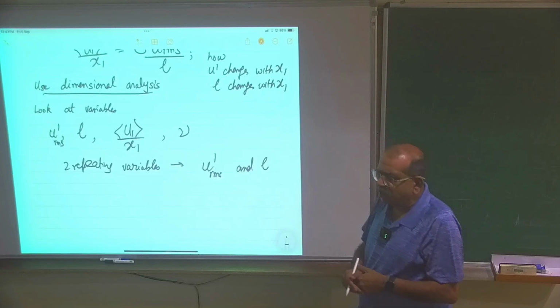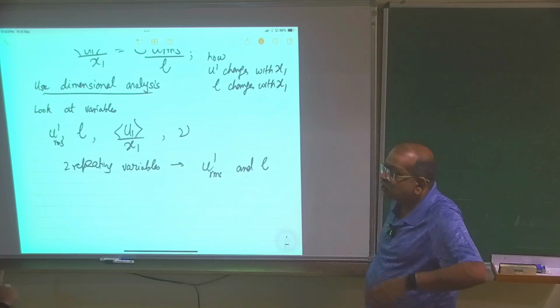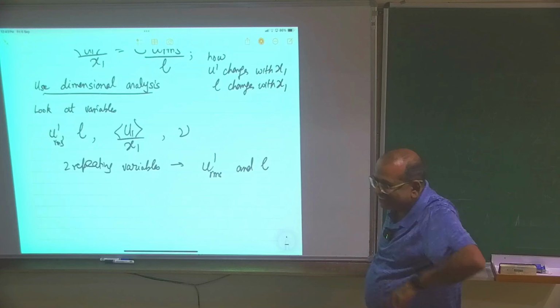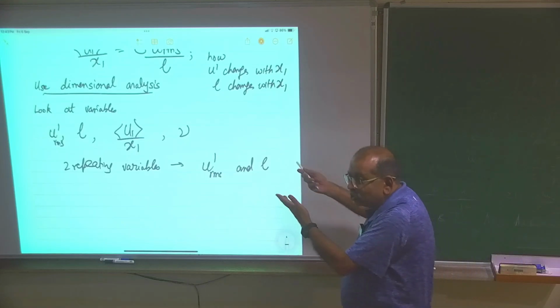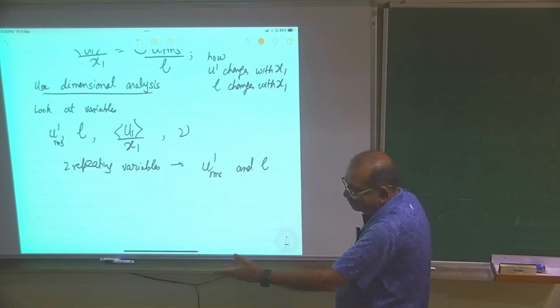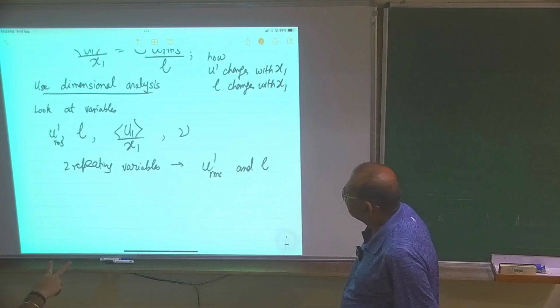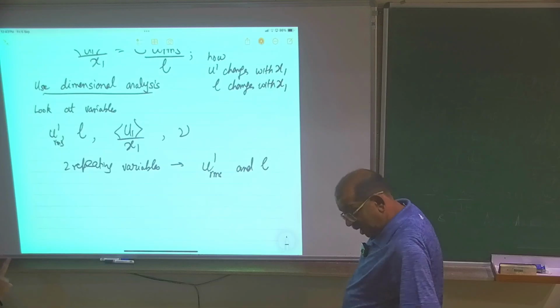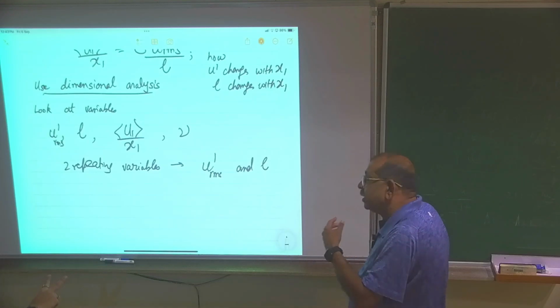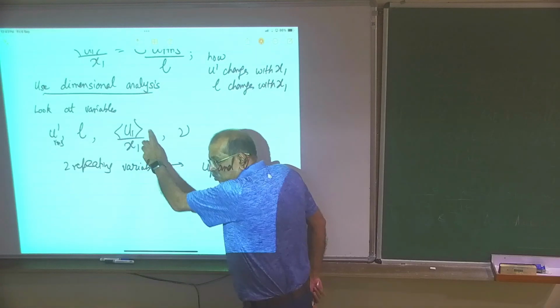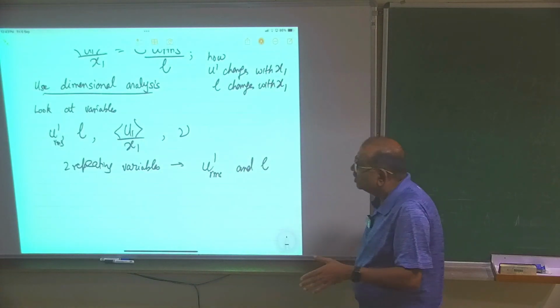Like the Kolmogorov scale we did. This is a high school physics dimensional analysis, but that's what I want to show. Normally, I would choose nu and u1 by x1. But then let's proceed ahead.